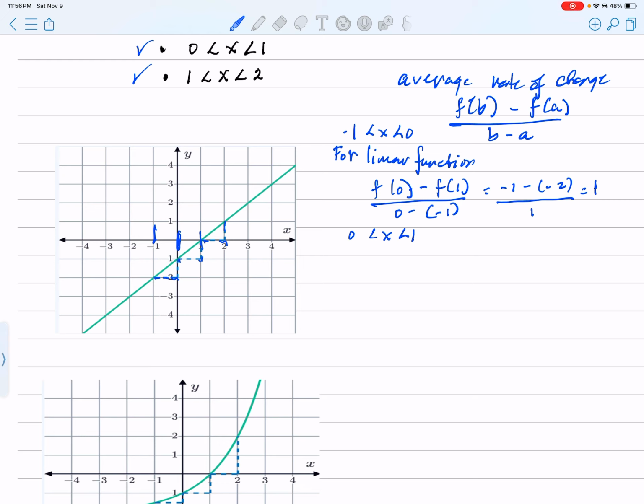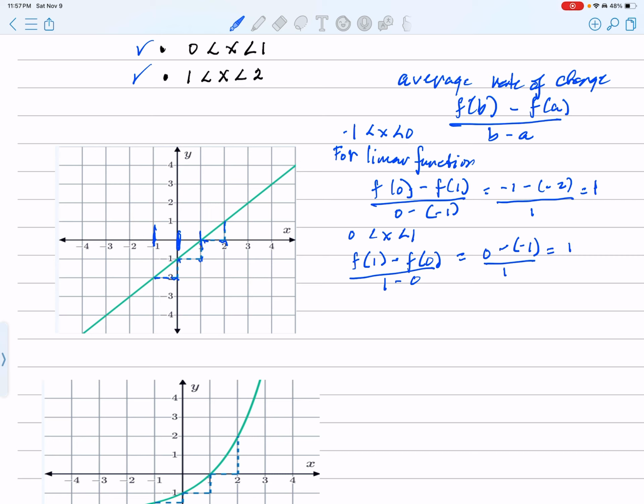For this interval, we have f of 1 minus f of 0 over 1 minus 0. So 0 minus negative 1 over 1. So we still have the rate of change as 1.